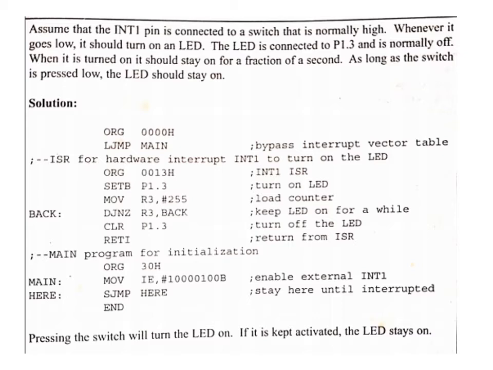So here we are using an unconditional jump instruction to bypass the interrupt vector table, that is the LJMP main instruction. When it gets executed, the microcontroller is taken to another location, here 0030H onwards, and the instructions get executed.